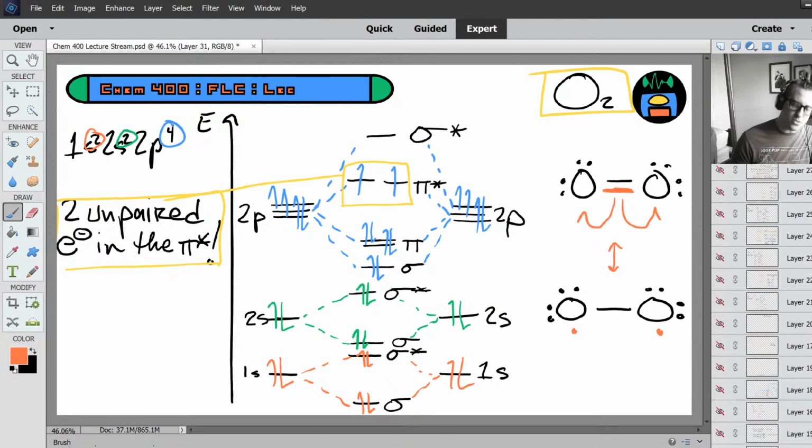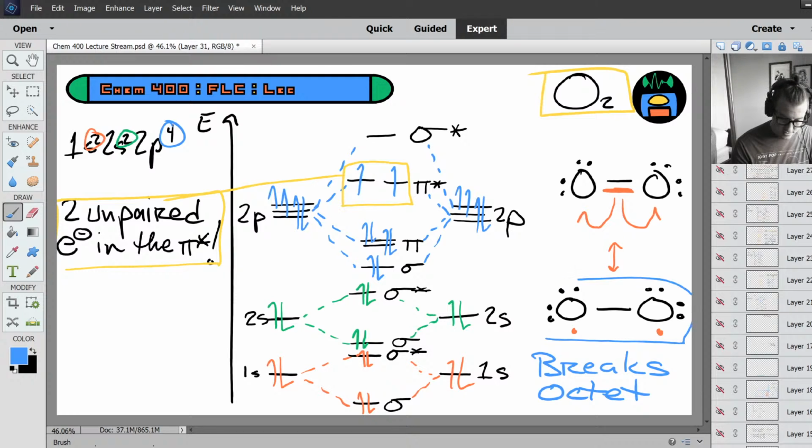There's a problem with this structure, though. It breaks the octet rule for both oxygens. If you count up the number of electrons each oxygen has access to, yes, it shows each oxygen with an unpaired electron, but each oxygen only has access to 7 electrons.